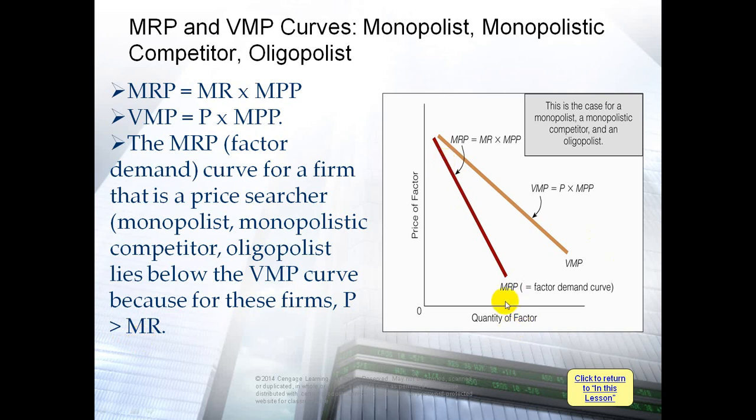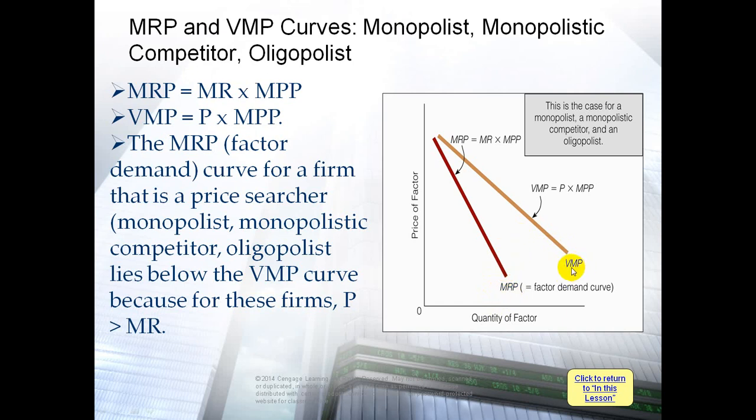شوف ال curves هنا. The red one is for the MRP and the yellow one, let's say, is the VMP. This is the VMP curve. So the VMP curve lies above the MRP curve, or the same thing, MRP curve lies below the VMP curve. Why?